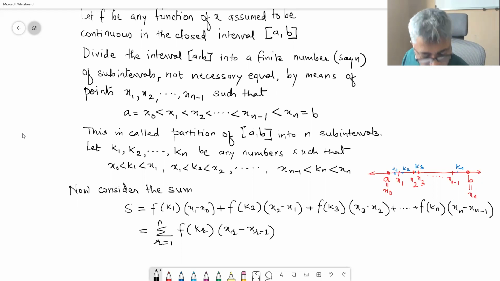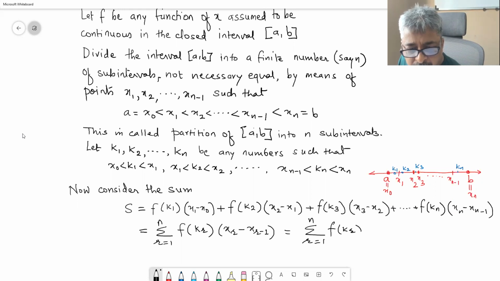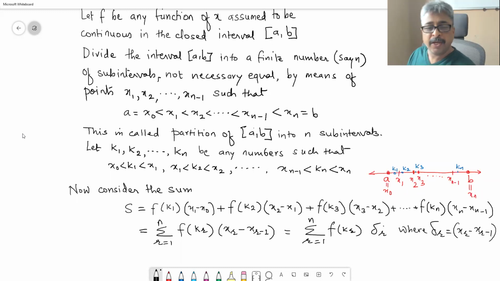Okay, and again you can write it by making it further look good: sigma r equals 1 to n of f of kr delta r, where delta r is equal to xr minus xr minus 1. Okay, so this is the setup.